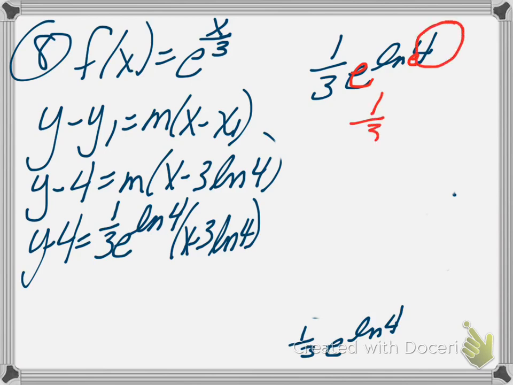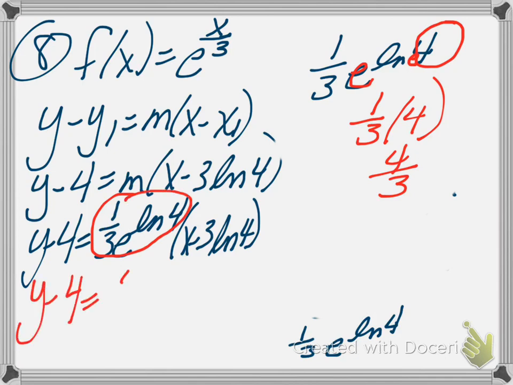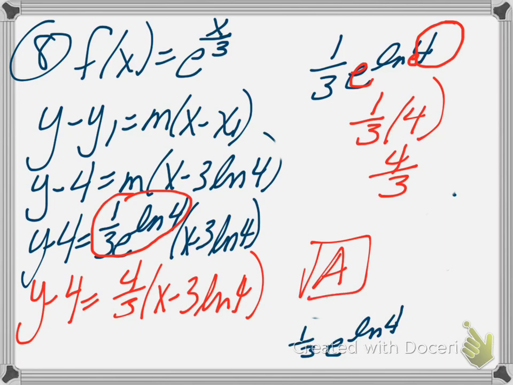So we're going to get 1/3 times 4, that equals 4/3. So I get this entire piece over here equals 4/3. So we get this. And that is choice A.